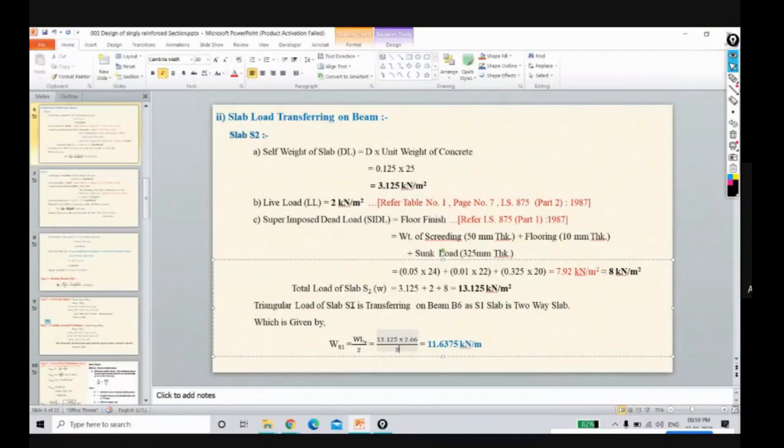This is for a one-way slab. Yes, this is a one-way slab. So S2 is a one-way slab, and one-way slab means the load is transferred as WLX by 2. Correct. So total load on slab is 13.125. Span is 2.66, and this span is also 3 point something, 3.004. Right? Just wait, I'll calculate it.